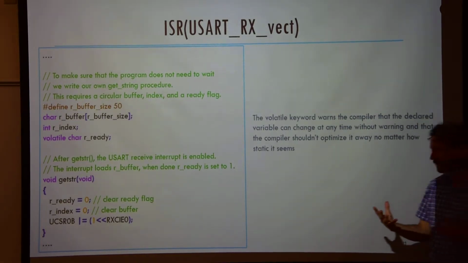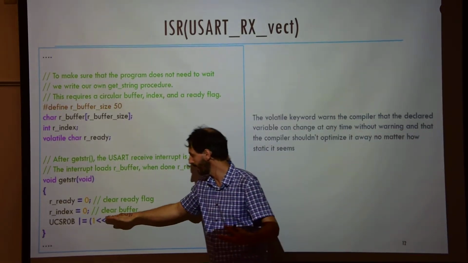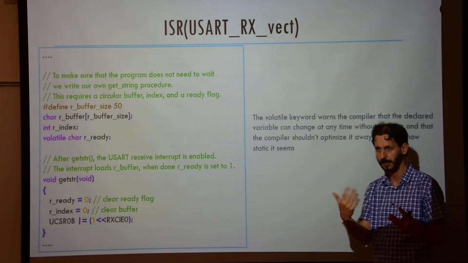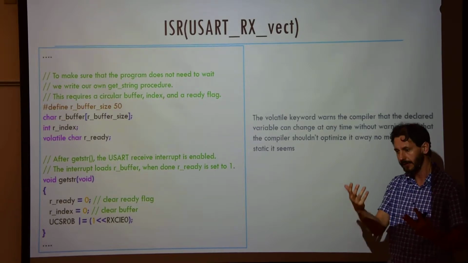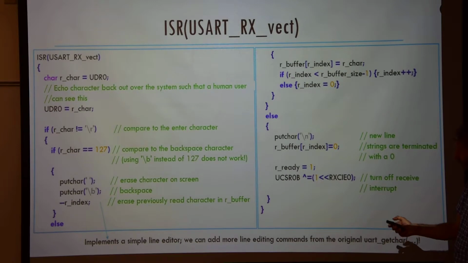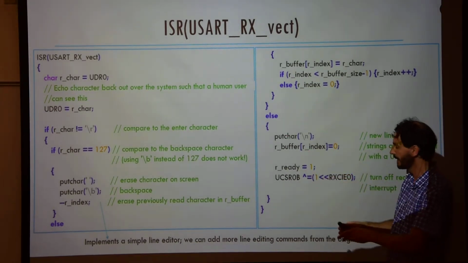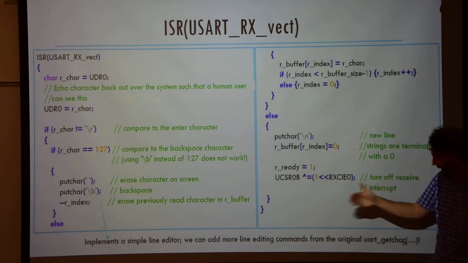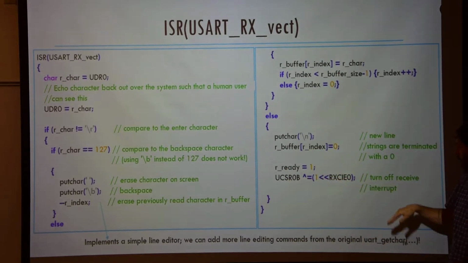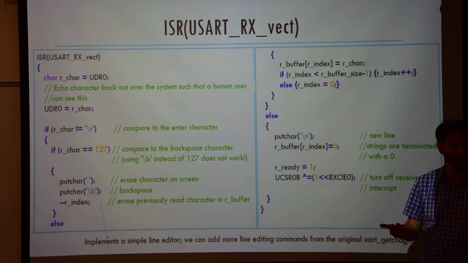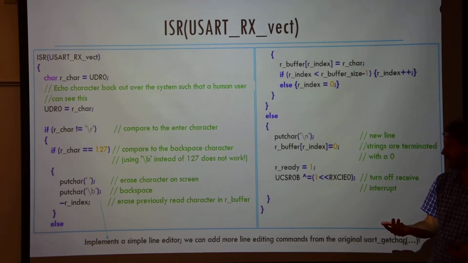So the getString, if I'm calling that, I'm saying I'm interested in having the interrupt service routine execute for me, because I'm expecting characters coming in, and the interrupt service routine is enabled for as long as needed until you type in the return character and your string has finished. Then I can turn off the receive interrupt, because I'm not expecting any characters anymore. I only expect characters if I call the getString functionality.